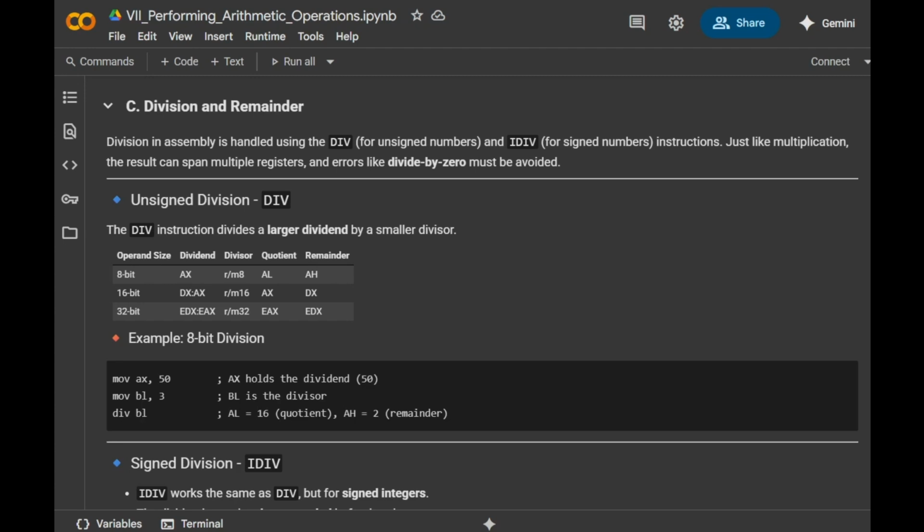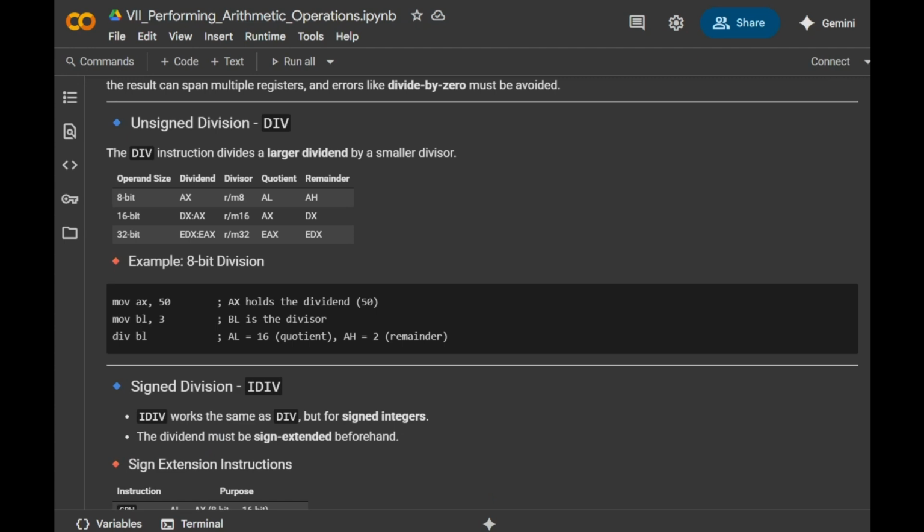For a 32-bit division, the 64-bit dividend is in EDX:EAX, and the results are in EAX and EDX. For example, to divide 50 by 3, we would put 50 into the AX register, put 3 into BL, and then the instruction DIV BL would result in a quotient of 16 in AL and a remainder of 2 in AH.